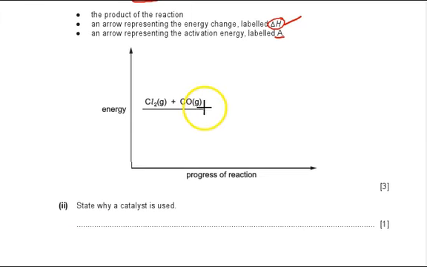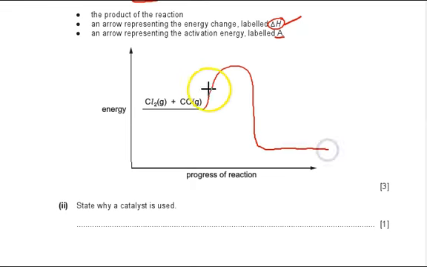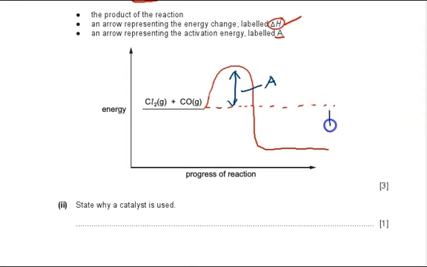Okay, so all you have to do is draw a hump and a straight line like this, and you can put a dotted line here to show that this is the activation energy. Alright, this is the activation energy A, and this is the change of the heat energy, and we have to put the product here, COCl2.